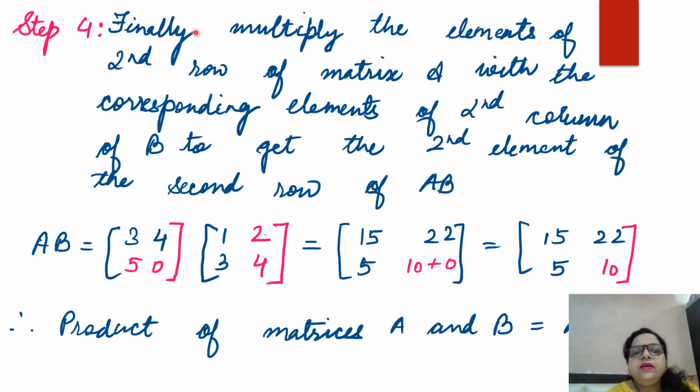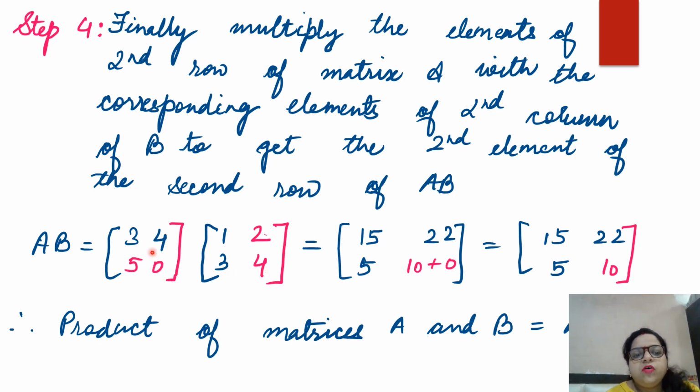Now finally, multiply the elements of the second row of matrix A with the corresponding elements of the second column of B to get the second element of the second row of AB. The last element you have to find is the second row, second element.